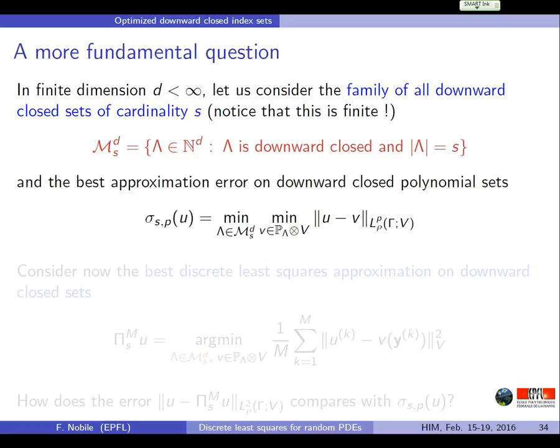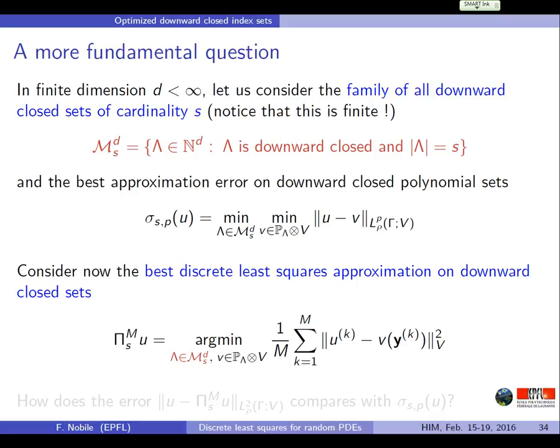So we did one step back and we asked a more fundamental question. As I said, this is a theoretical argument for the moment. So if I have a set lambda, I know how to compute the projection.